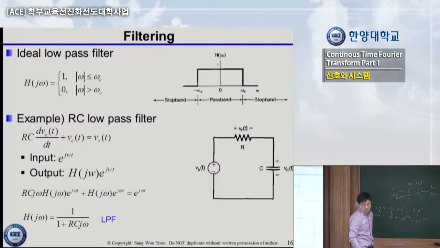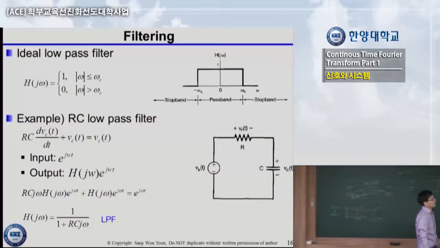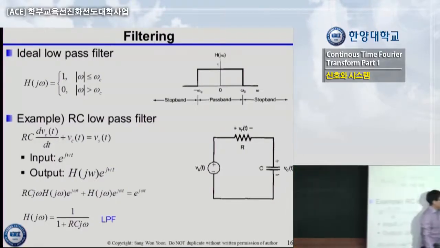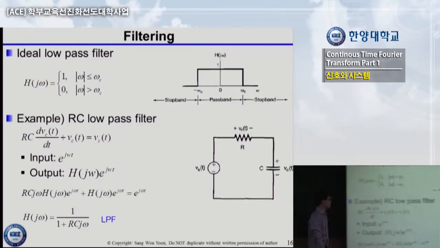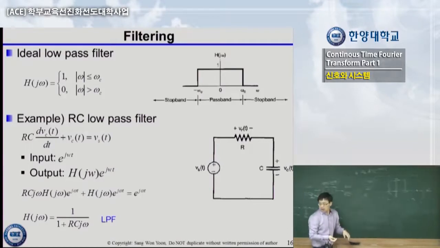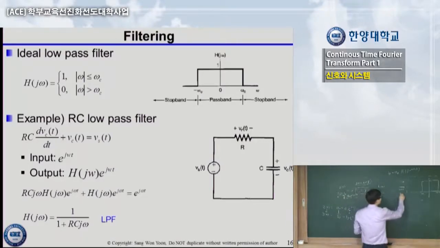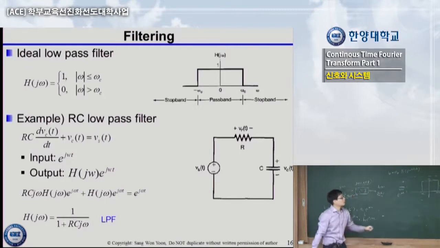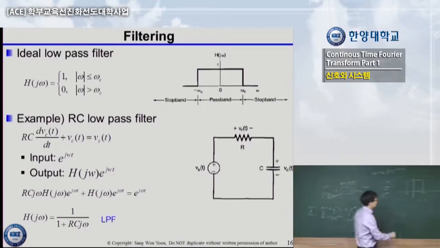So for example, what you can see is the circuit shown here. The circuit shown on the graph has a resistor and capacitor making a low pass filter. Say our input is e^{j omega t}. And what is this filter? Let's write down how that looks.